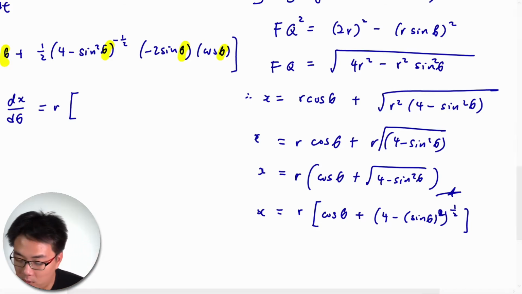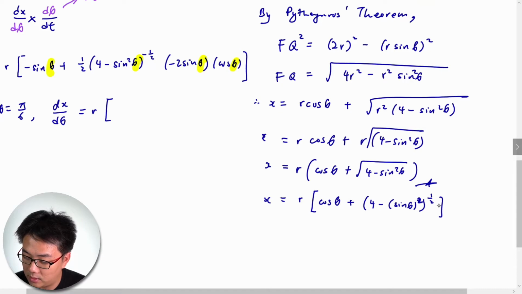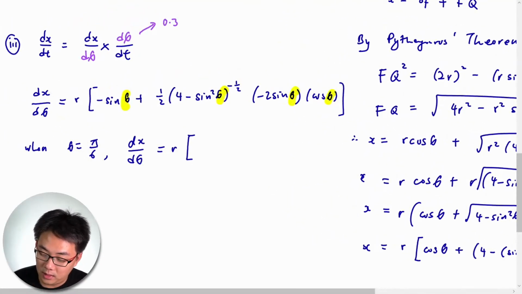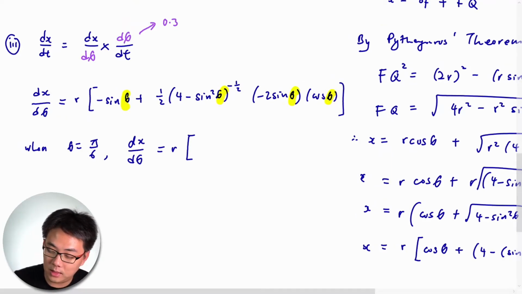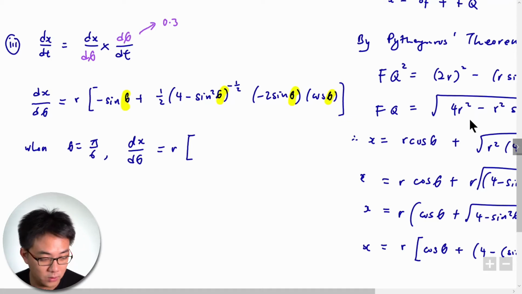Then I will get cos theta minus half 4 minus sine square theta, then differentiate the inside, minus 2 sine theta cosine theta. Actually you could use GC and find your dx d theta if you want to, but I'm just going to key in slowly.